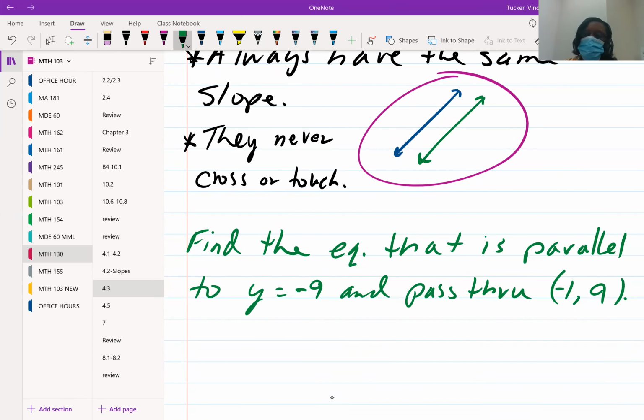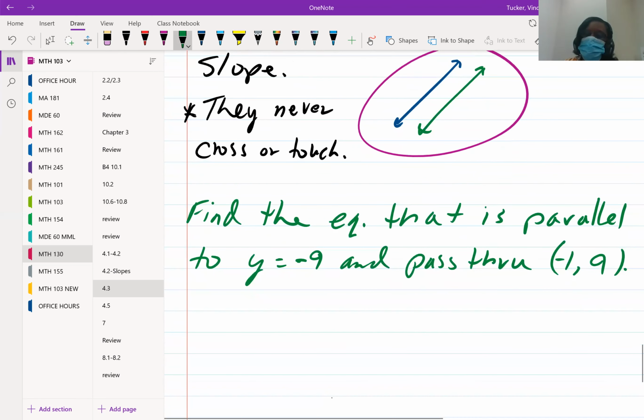Pass through. Find the equation that is parallel to y equal to -9. Oh, pass through, okay, I got it. I just learned how to move the screen.